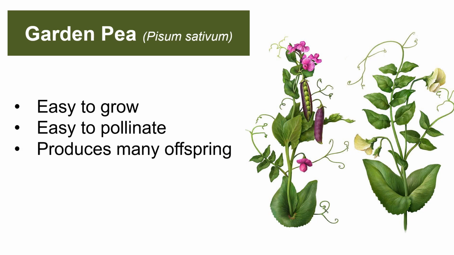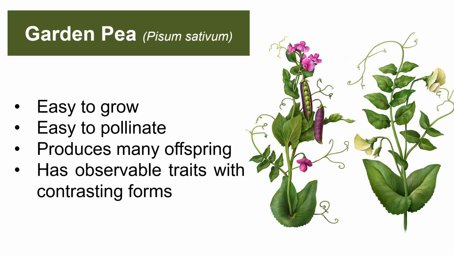Next, they produce many offspring, therefore yielding more reliable results. And, of course, pea plants have observable traits with contrasting forms which served as the basis for his data collection.